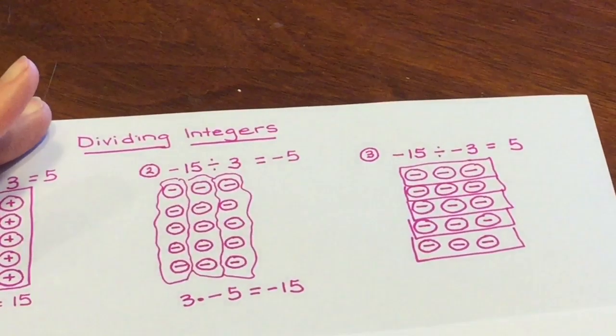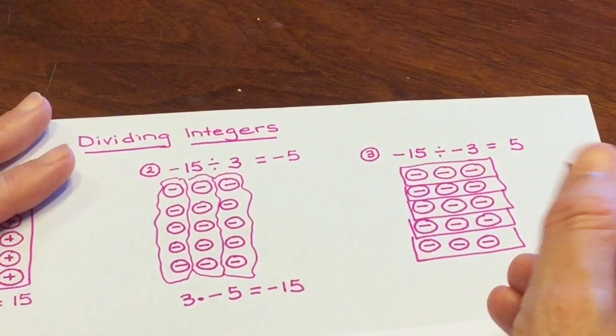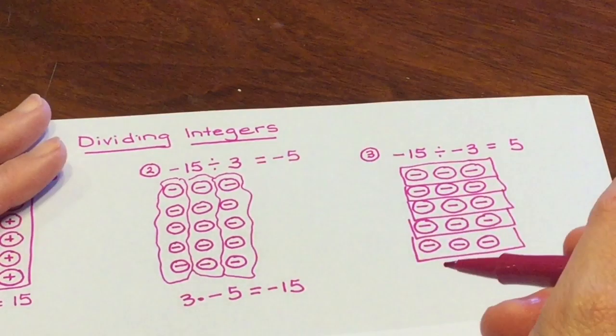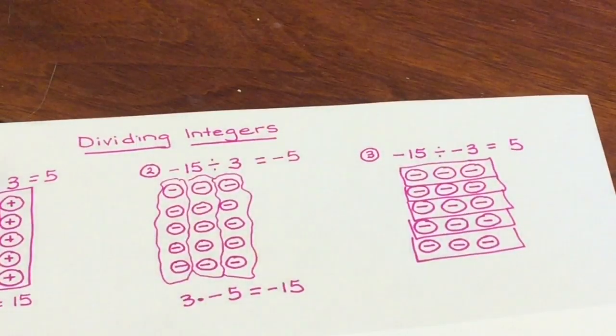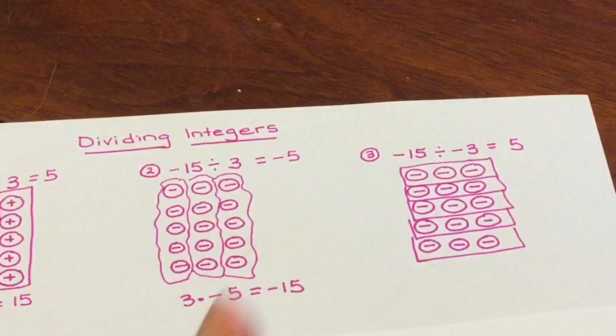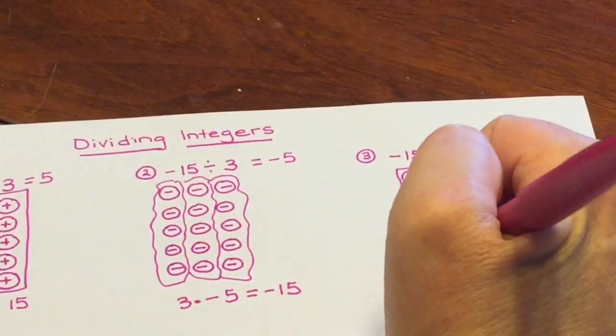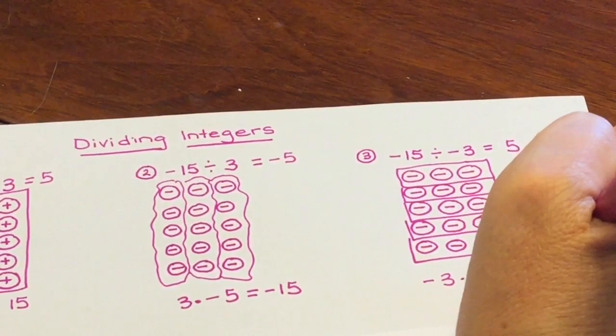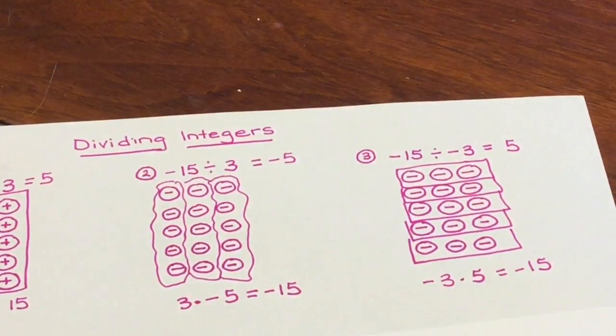Well, if we look at it, that's the opposite there. A negative divided by a negative is a positive, just like in multiplication, if you do a negative times a negative, you get a positive. It still is a true statement if we look at it backwards.